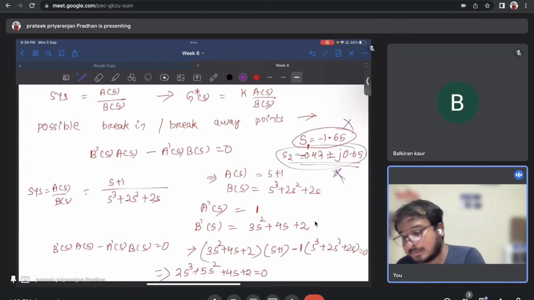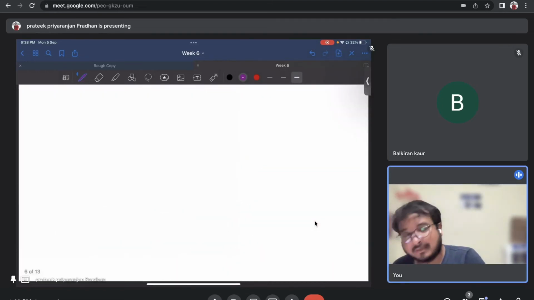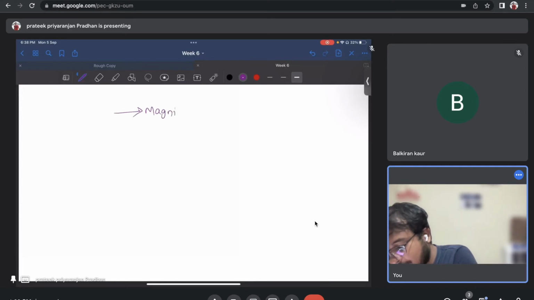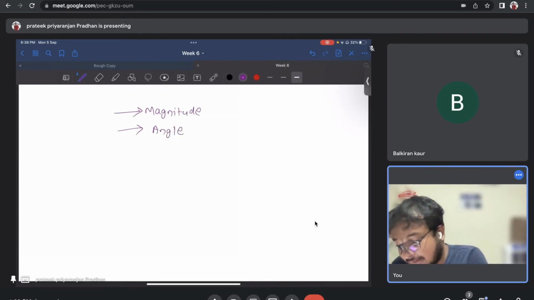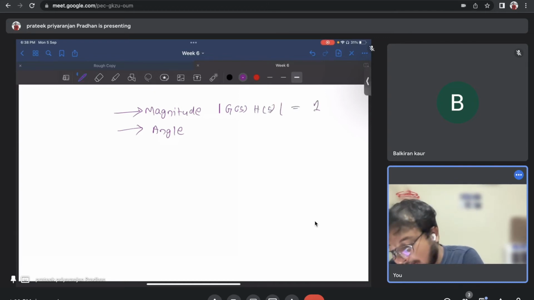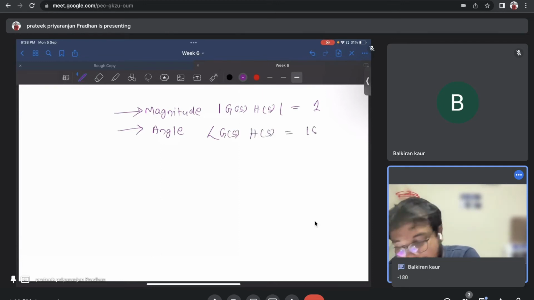What are the two basic root locus properties? One is the magnitude criteria and another is the angle criteria. Do you remember, Balkiran, what is the magnitude criteria and angle criteria? The magnitude criteria says my open loop transfer function, G of S H of S, magnitude should be 1 and the angle of G of S H of S should be 180 degree, minus 180 degree.